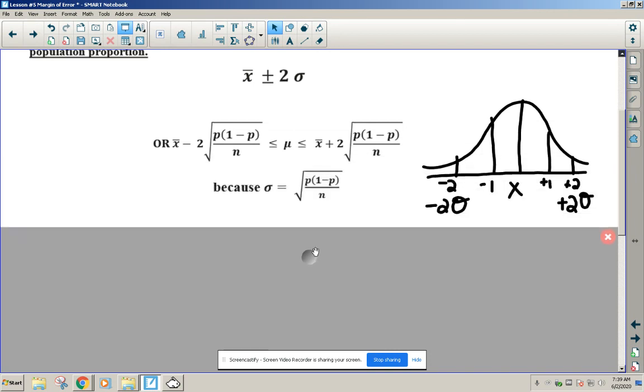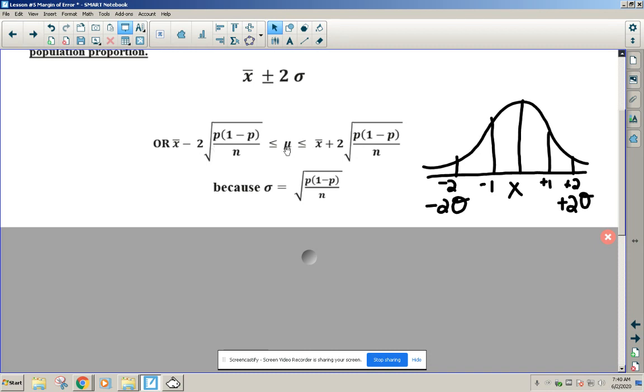Now, here we have these notes, which they could give you and make look really, really hard. So I wrote it out because I don't want you to get nervous. Here is the standard deviation that we just calculated. 2 of these would be 2 times the formula. That looks crazy. So this would be the mean minus 2 standard deviations.